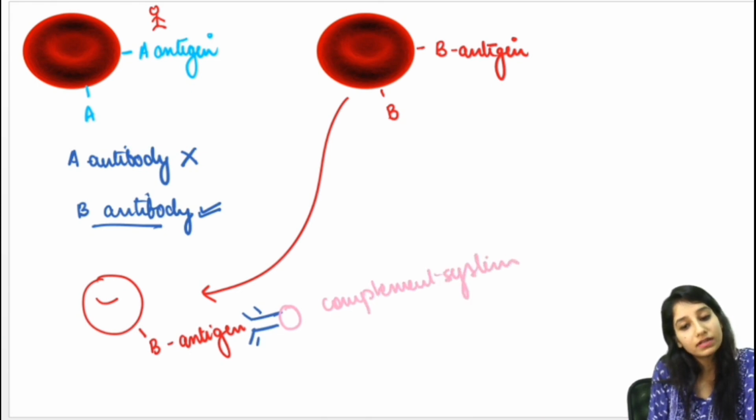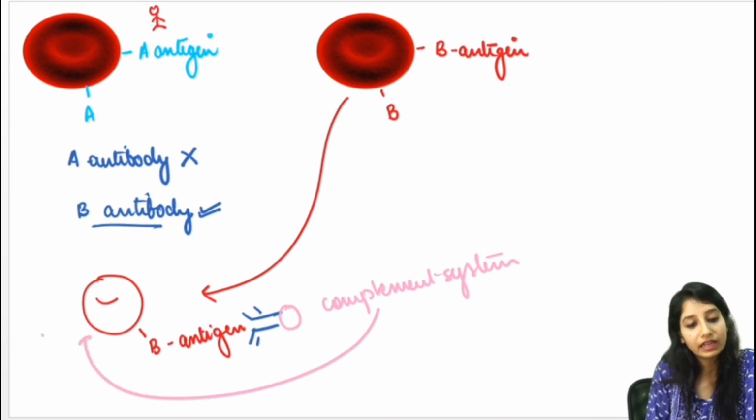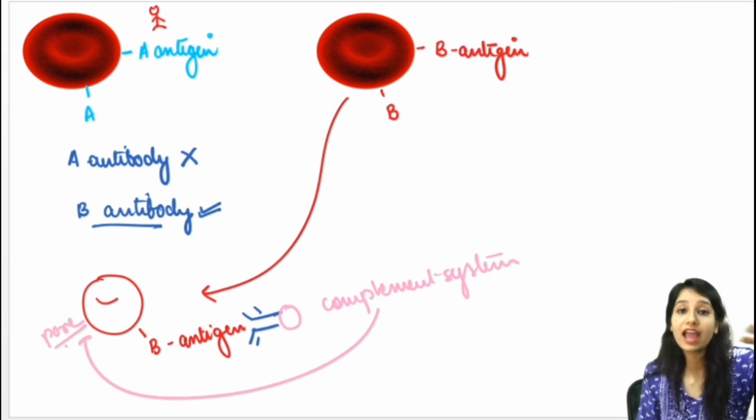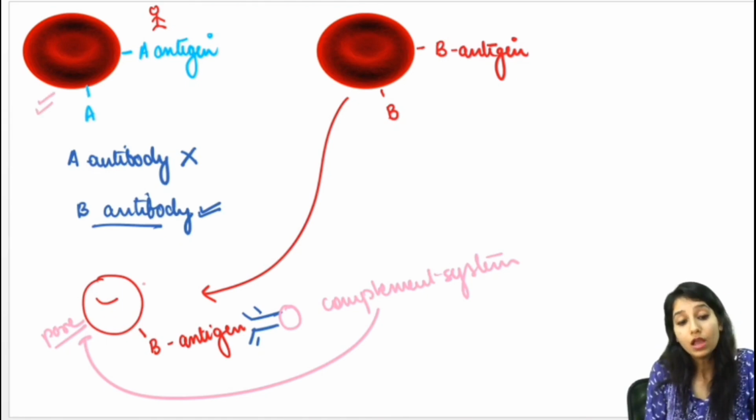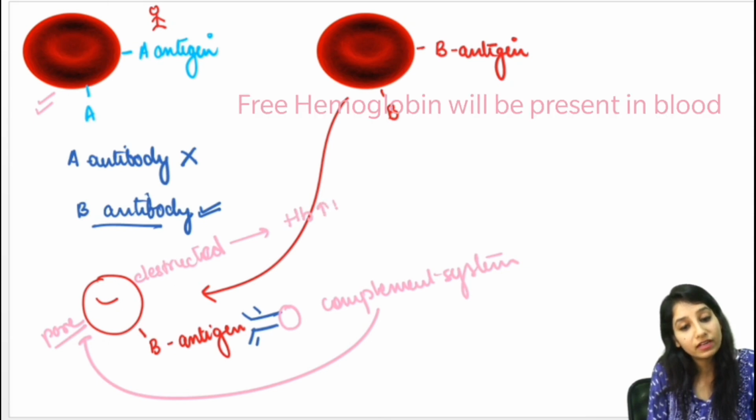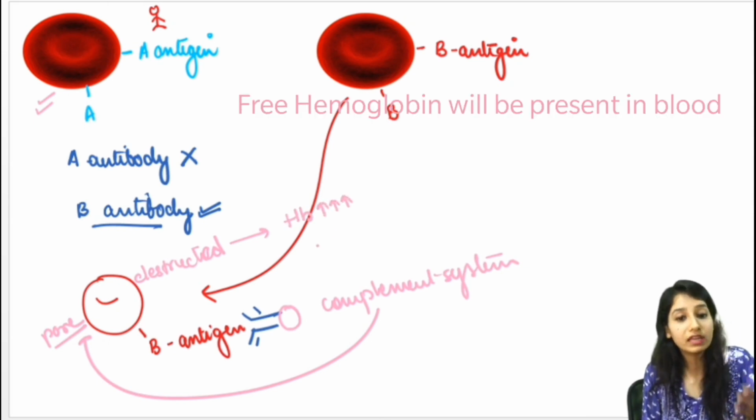Now this complement system will create pores in the RBCs, of the RBCs that we have transfused. So now this RBC will be destroyed. Due to which, hemoglobin level will increase in our blood, because hemoglobin has been released from the RBC.